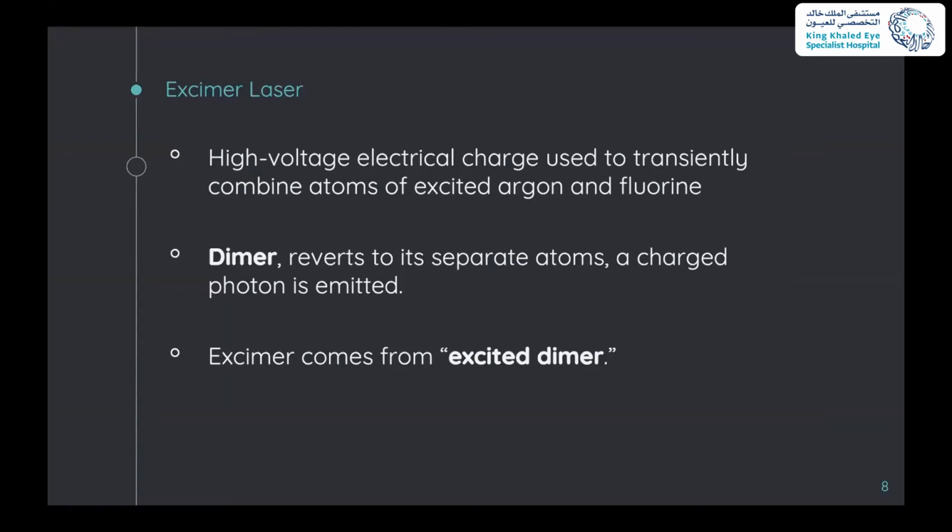But this dimer actually is not stable, and it tends to go back to its separate atoms. This separation will give us a charged photon. And this is where the name excimer comes from: excited dimer. So basically, we use this separation of the excited atoms of argon and fluorine in order to generate a photon.